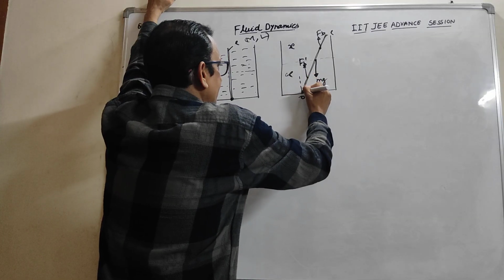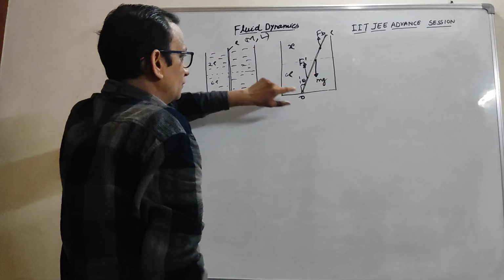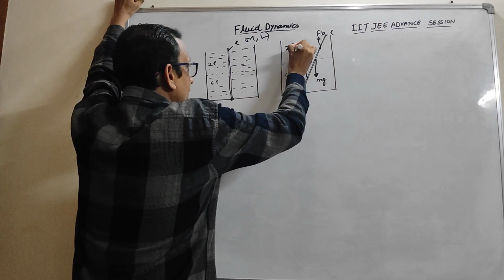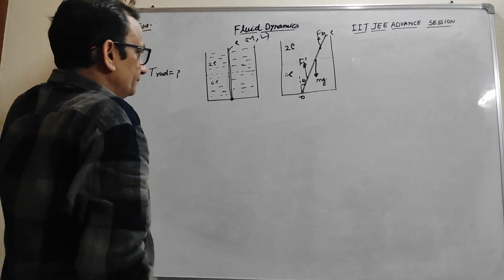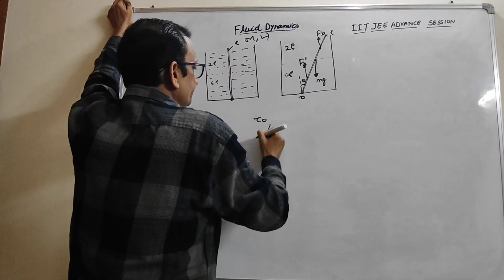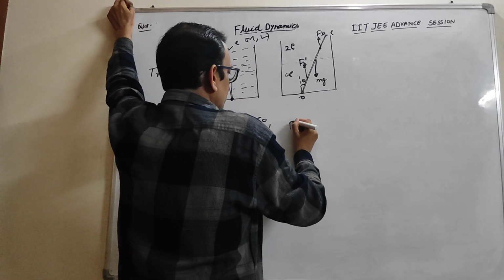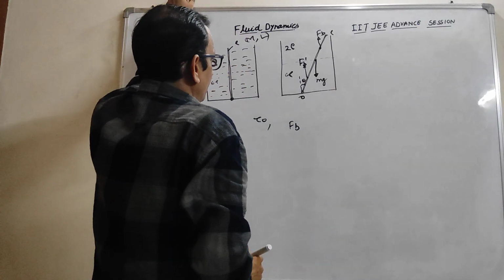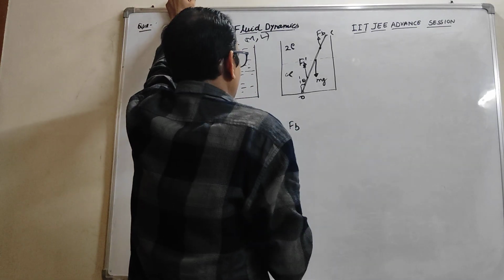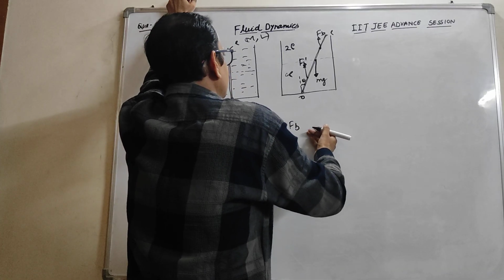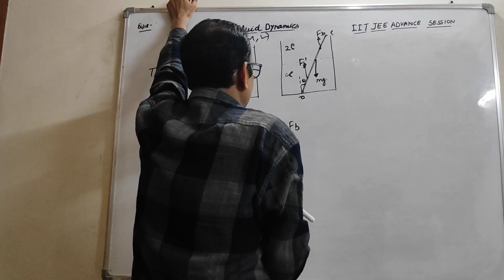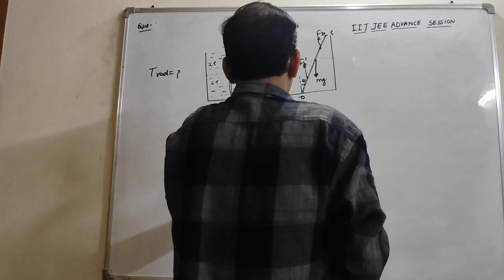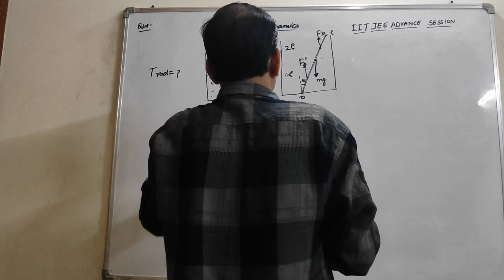Let this angle be theta from the vertical. So the torque about point O, this is 2 rho, will be buoyant force minus mg, or mg minus buoyant force.